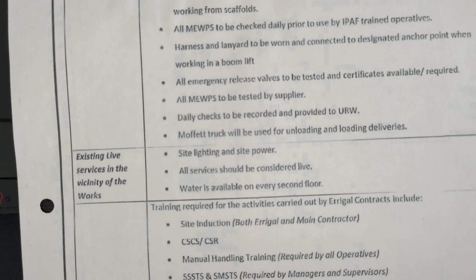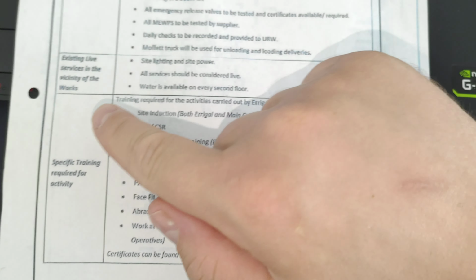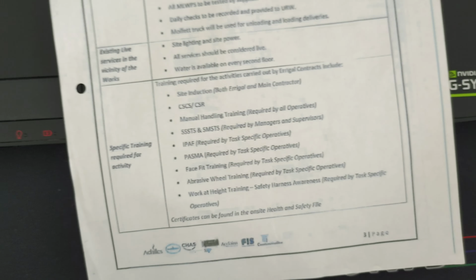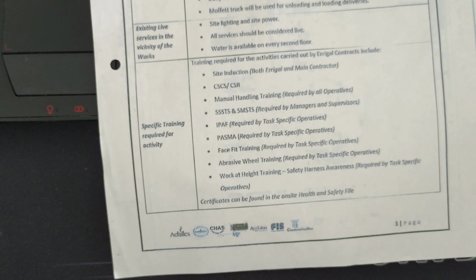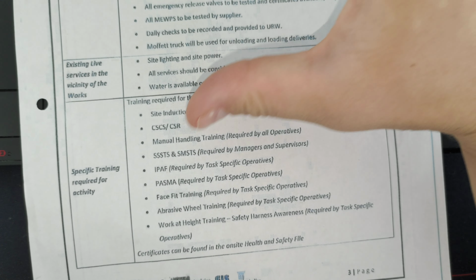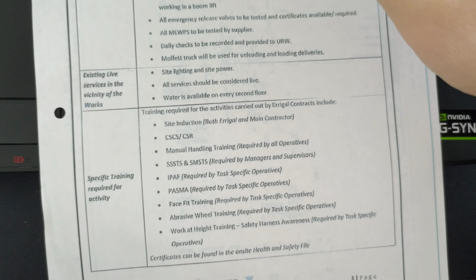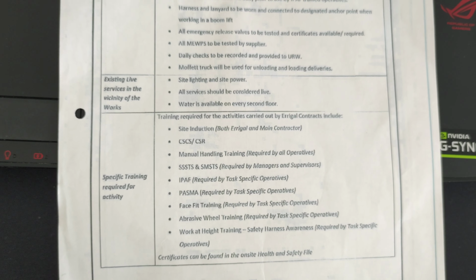Right, here we have the point where specific training is required. Training required for the activities carried out by the contractors includes site induction, CSCS, CCR, manual handling, required by all operatives. So just the training, and some courses required.